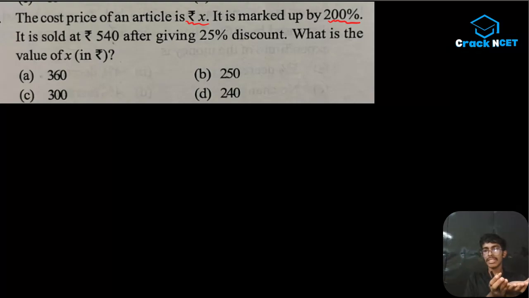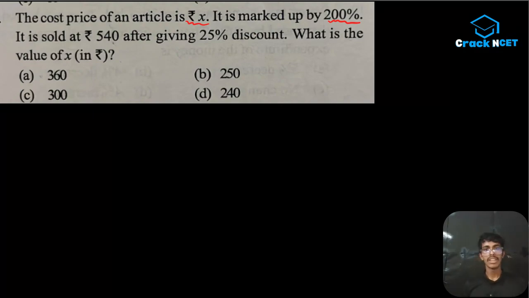Means a guy increases price 200 times extra. इसका मतलब ये है कि a guy increases price 200 percent extra. Extra मतलब initially if the value was 100, 200% was increased extra, which means that 200 rupees were increased on it, which means that total price of the article will be 300.